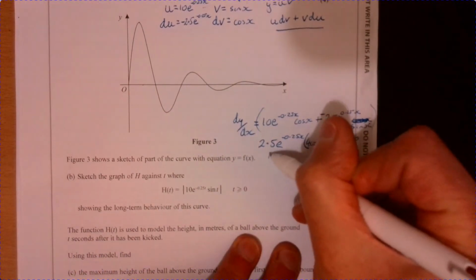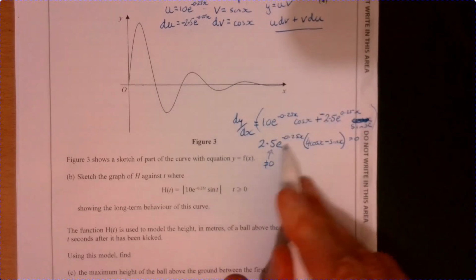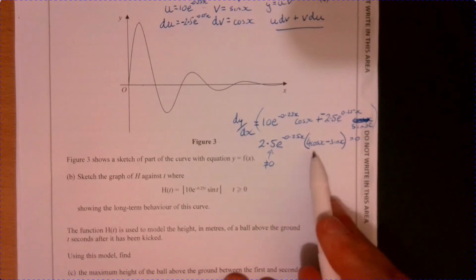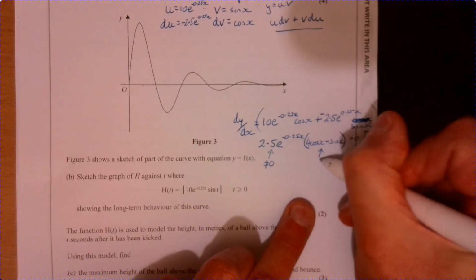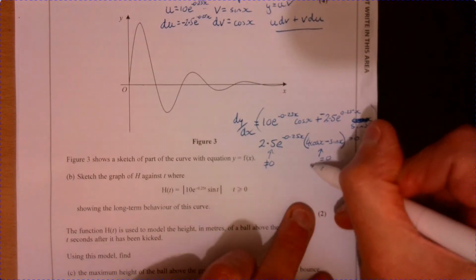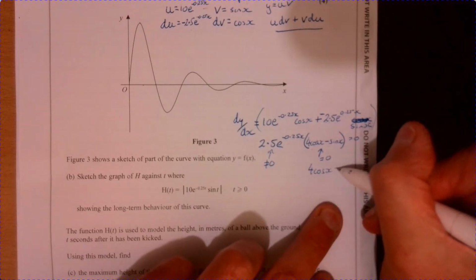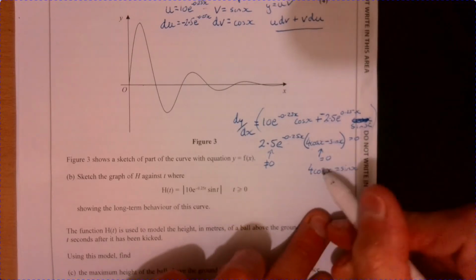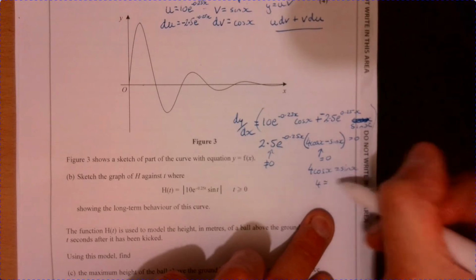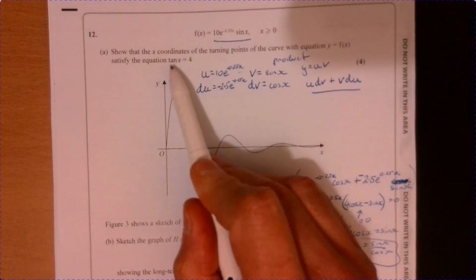This here, the exponential part, is not going to equal 0. So when's the bracket going to be equal to 0? Well, 4 cos x, adding sine x to both sides, equals sine x. Dividing by cos x, 4 equals sine x over cos x, which is tan x equals 4. Okay, that's where we wanted to get to.